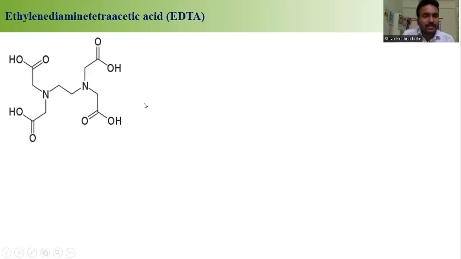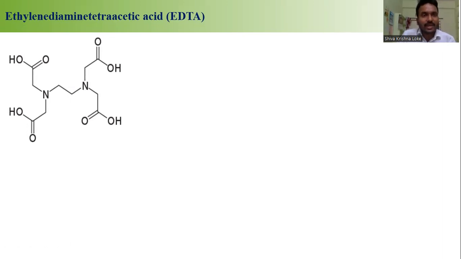The EDTA full form is ethylene diamine tetraacetic acid. So this EDTA molecule contains one ethylene unit over here and two amine groups present over here, and four acetic acid groups present over here. So combinedly it is called ethylene diamine tetraacetic acid.